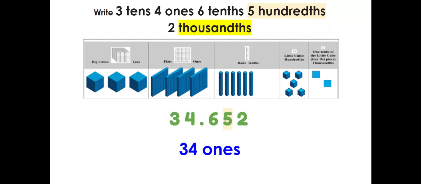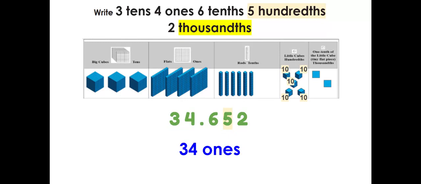But in our 5 hundredths, are there thousandths hiding in each one of those hundredths? There are. We know there's actually 10 thousandths in each one of those hundredths. So we did only have 2 thousandths, but hiding inside our 5 hundredths are actually 50 thousandths in there.